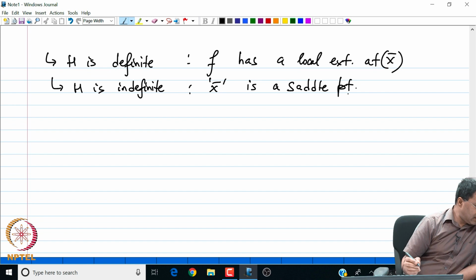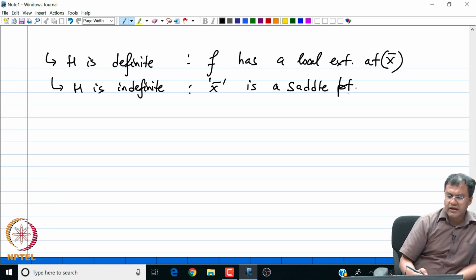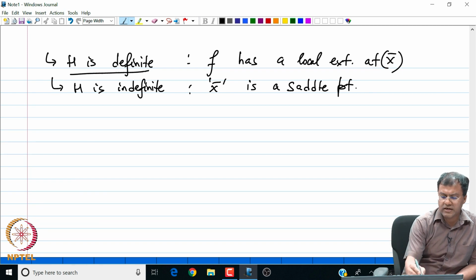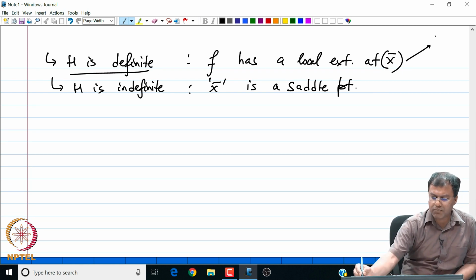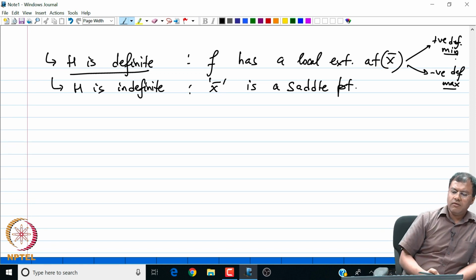So further we can classify the first statement, namely if H is positive definite, then we expect that the local extrema is a minima, and if it is negative definite, then the local extrema is a maxima. So, we can write down these further results.